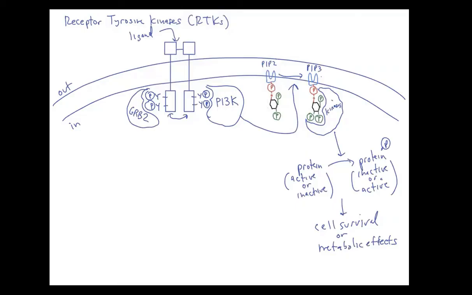And then what happens is that GRB2 can then attach to another protein. It could be attracting another protein. We'll just call that SOS, which stands for son of sevenless. And SOS is actually a GEF. It's a guanine nucleotide exchange factor, much like the G protein coupled receptor that functions that way too, changing the affinity for a G protein for GDP for GTP.